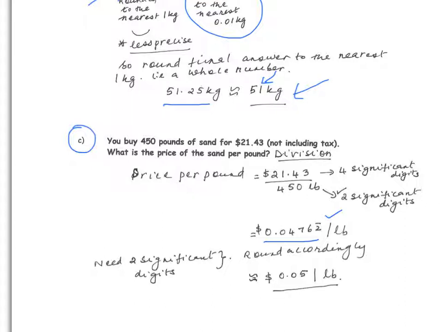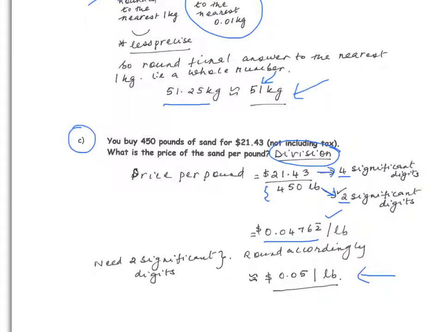But what we're doing here is division. For division and multiplication, a certain rounding rule applies. What we need to do is look at the two numbers, find the number of significant digits in each of the two numbers. So the numerator here has 4 significant digits. The denominator has 2 significant digits. So the fewer number of significant digits is what the denominator has. So that is what tells us to round to 2 significant digits.